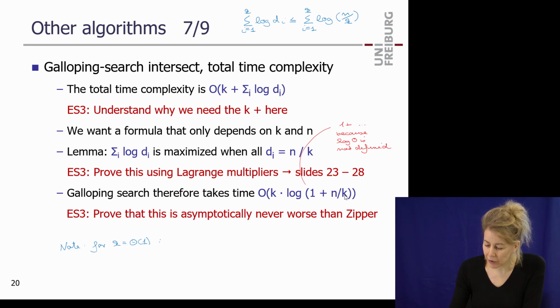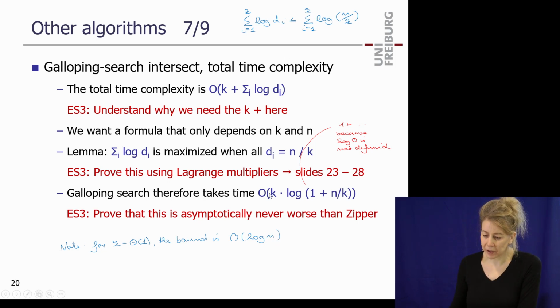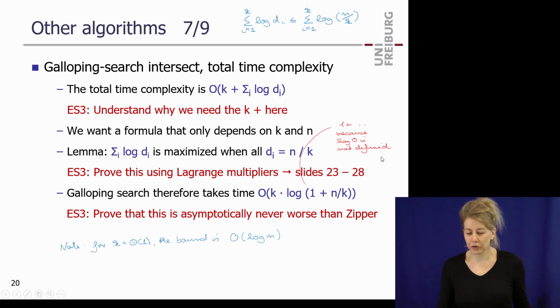Log of n divided by a constant is still log n. The bound is O of log n. If you plug in k equals 1, you just have log n here. If k equals 2, it's 2 times log of n over 2, which is also log n. So it's actually a good bound.